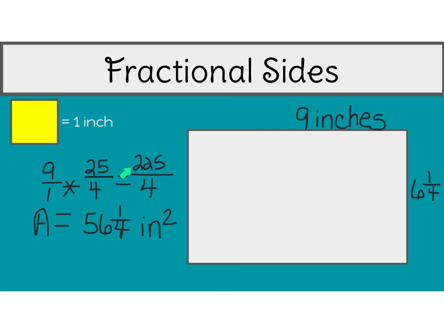I got 225 over 4, and then I turned that into a mixed number, which gave me an area of 56 1/4 inches squared. We hadn't talked about that unit or how we square our answers, but remember, when we're thinking in area, it's usually square units, so we need to make sure that we give that in our final answer.